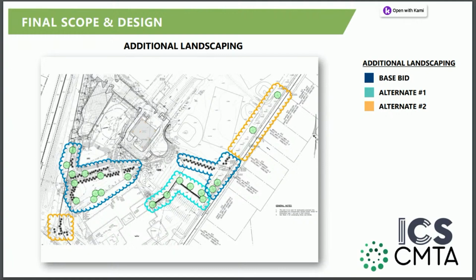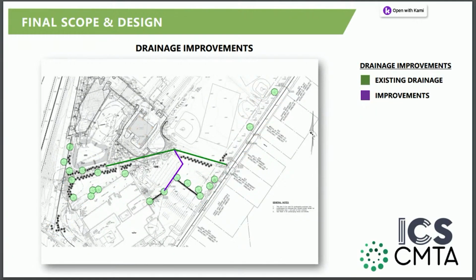So this is our drainage design. I left the trees in there for reference. If you can see it clearly, there is a dark green line that cuts across the center of the drawing. That is your existing stormwater drainage system. The proposed system is a dark purple line that runs parallel with the retaining wall and then goes off on an angle and ties into that existing drainage.